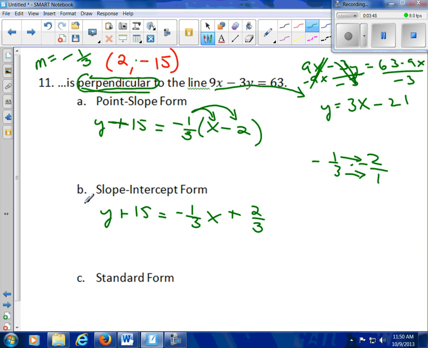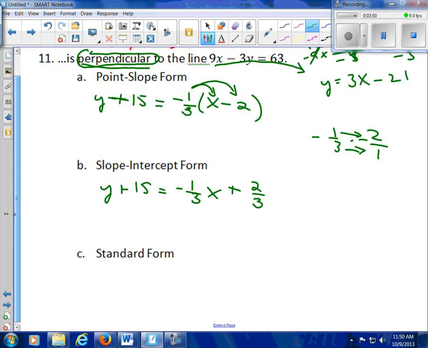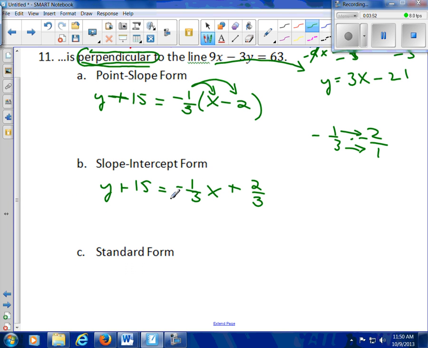So now that I have that, I need to get y all by itself. So I can subtract 15 on each side, but I know automatically that when I have a fraction and a number that doesn't have the same denominator, I'm going to have to either find like denominators or I can get rid of my fractions altogether. I prefer to just get rid of the fractions. And again, just like in question number 10, the only denominator is 3. So my LCD that I'm going to get rid of my fractions with is 3.